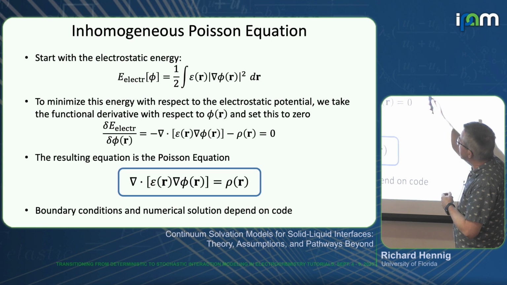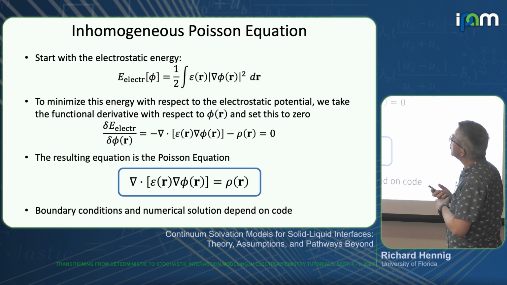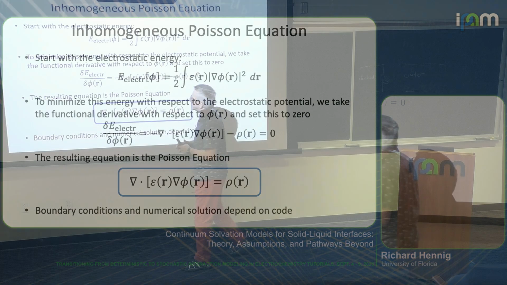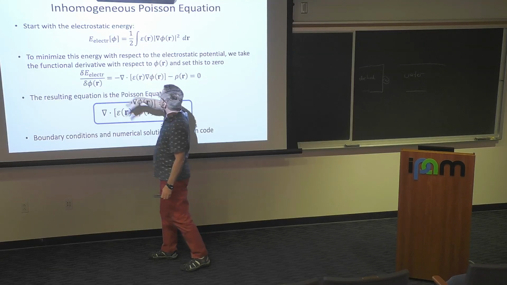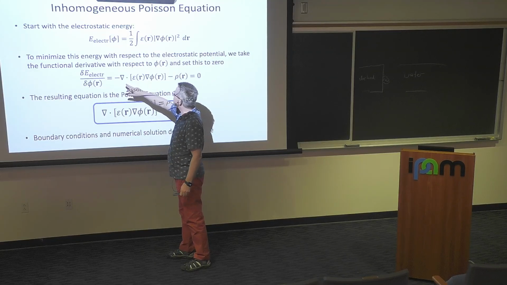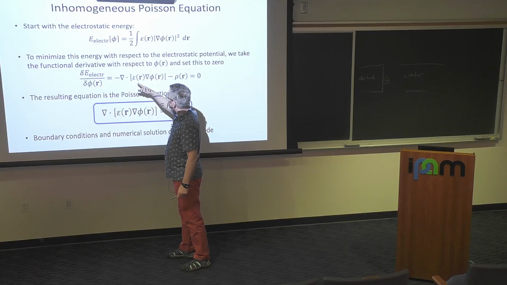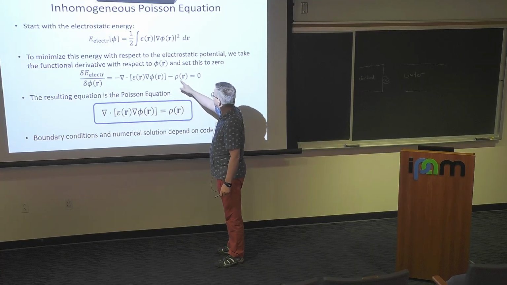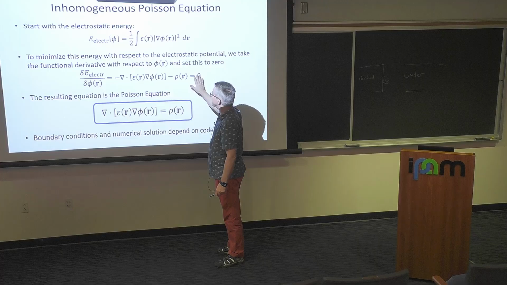And when we minimize that expression, which explicitly depends on the electrostatic potential, with respect to the electrostatic potential, you're going to immediately get out the functional derivative, which is simply given by minus the divergence of the permittivity times the gradient of the potential, minus the charge density, has to be 0.